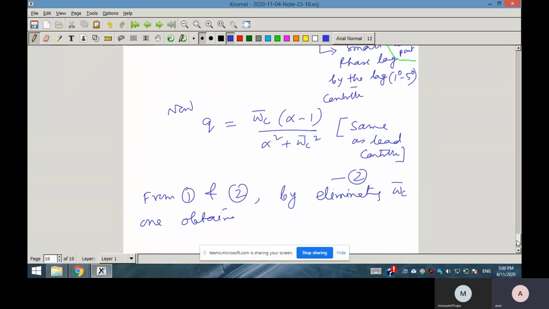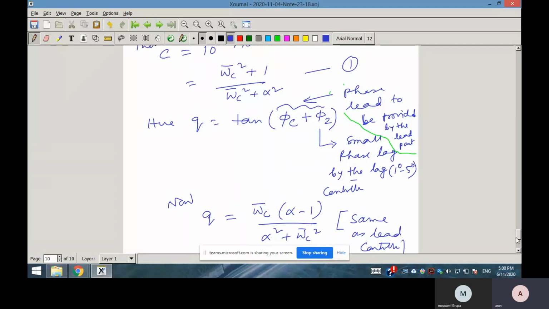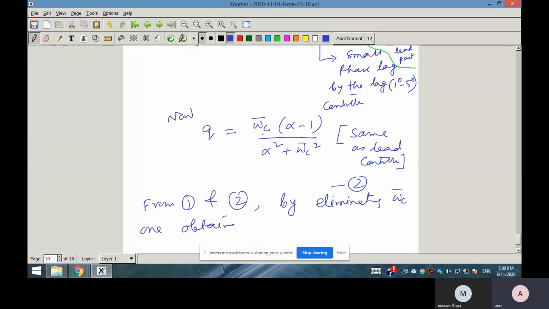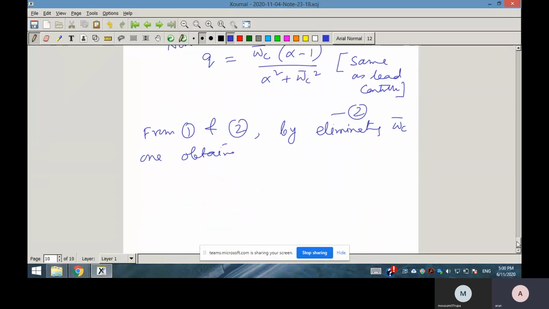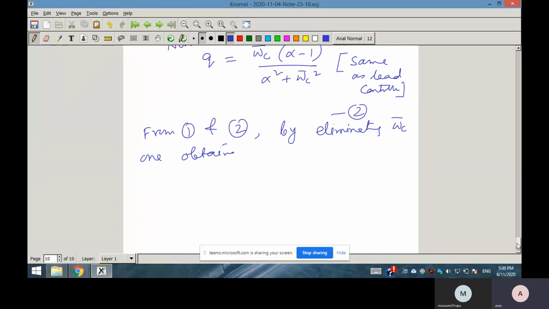That means you have to find omega c from here, and once you get omega c, you have to substitute it into omega c square. To do that, you square both sides, and then you can substitute. Then ultimately you will get an equation involving Q, C, and alpha. So the ultimate equation is the same as we obtained in equation 5 of the lead controller. A similar kind of equation we will get.